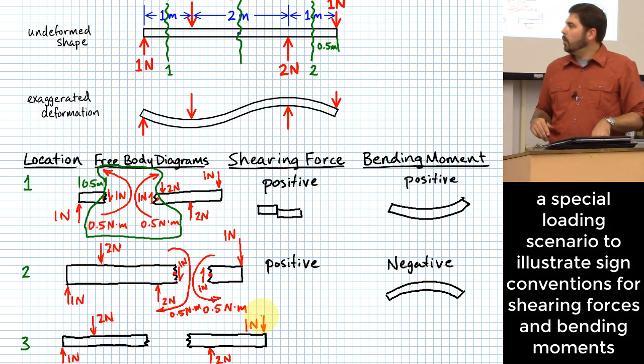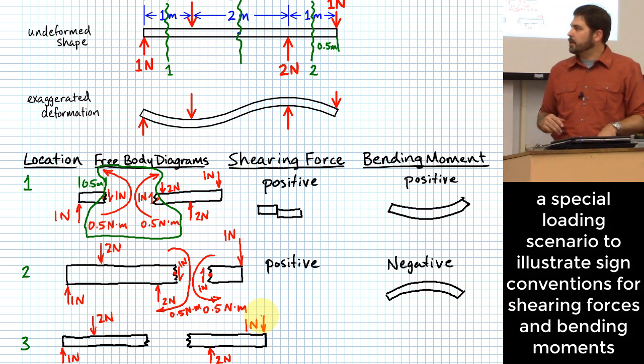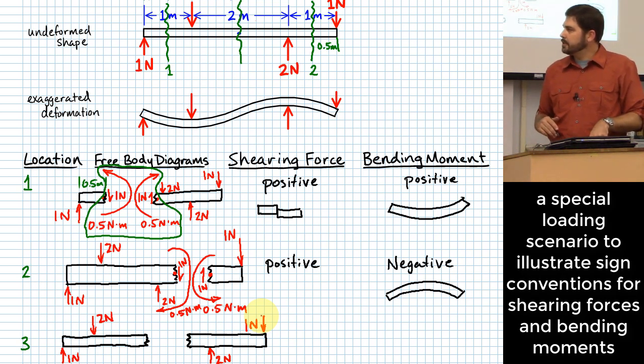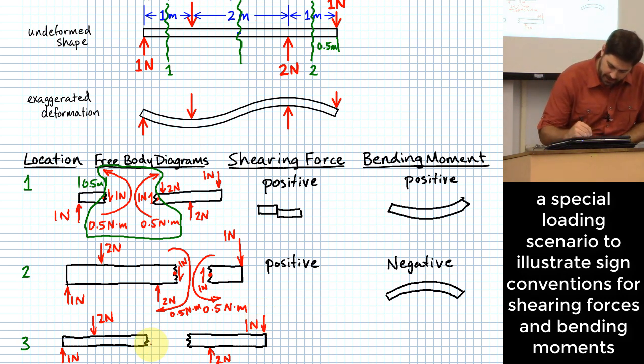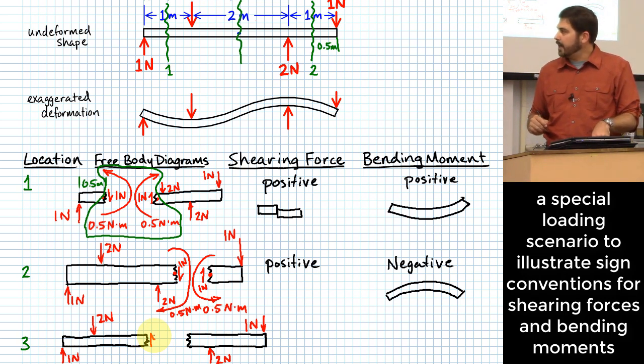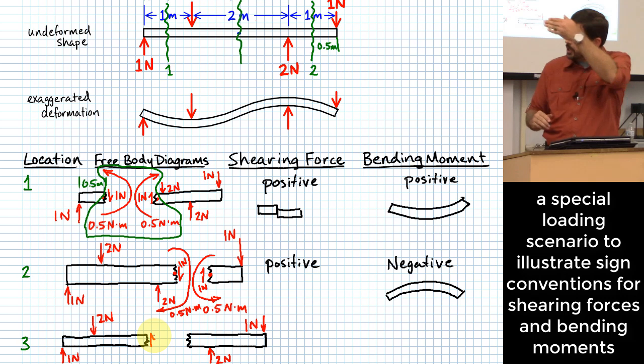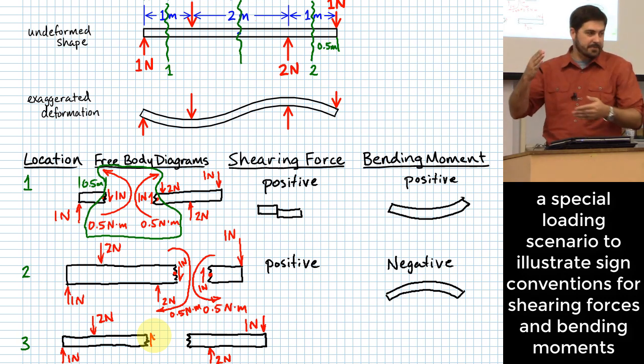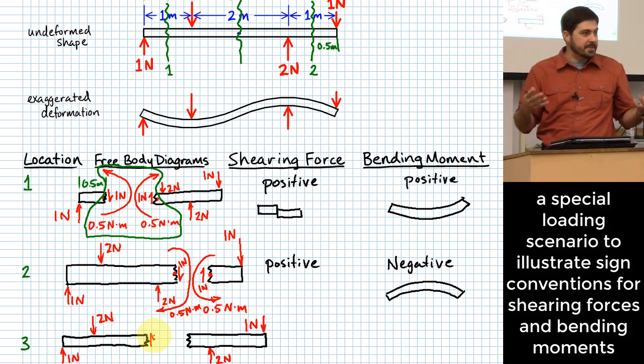What direction do my shearing forces have to go at that cut location to keep both sides in equilibrium? On the left side, I need to go up, right? Because I've got 2 coming down with 1 going up. It means I'd have to have 1 more going up to balance it out in the vertical direction, right?